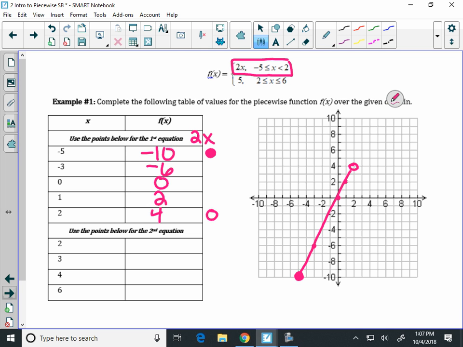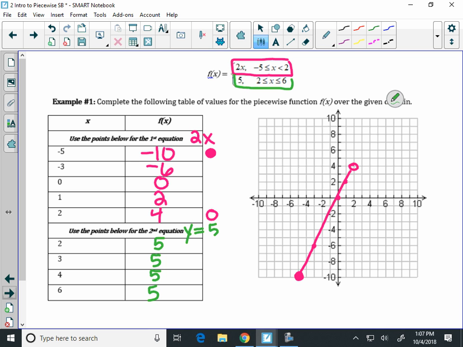Now let's use these other 4 points to graph the second equation, y equals 5. So if I put x equals 2 into that function, what has to be the output? 5. Okay, what about 3? 5. 4 is also 5. 6 is also 5 because y equals 5. It doesn't matter what the input is.